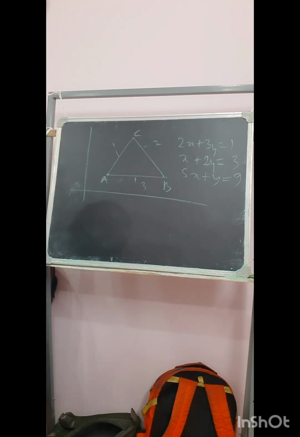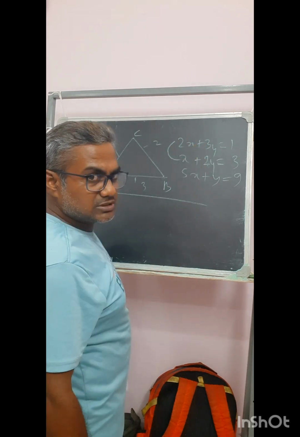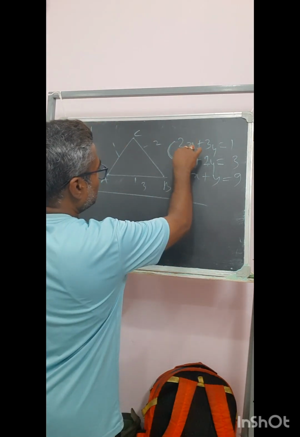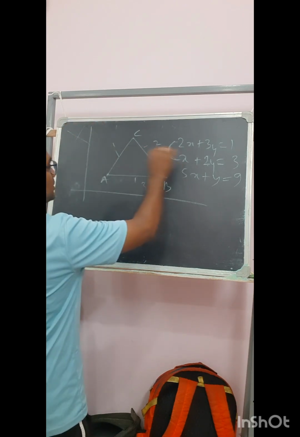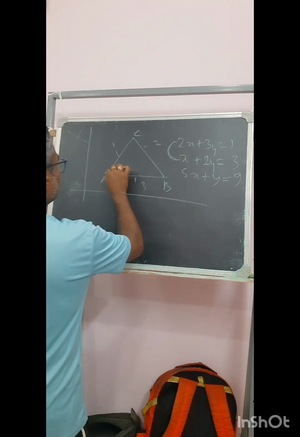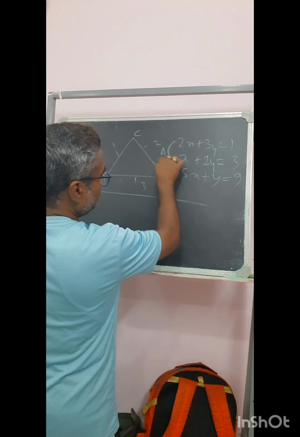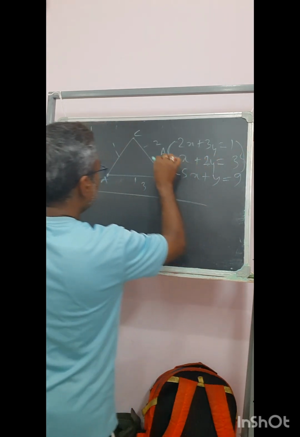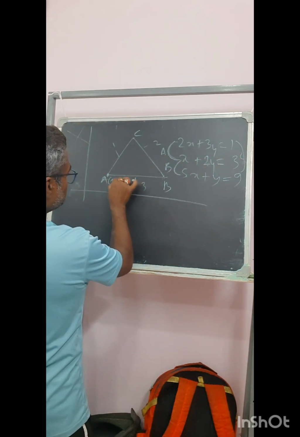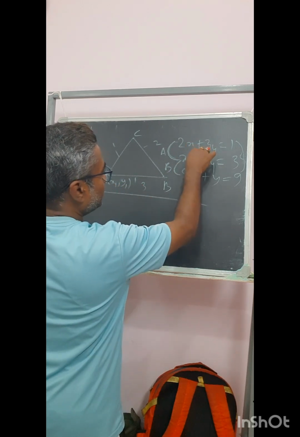So what I will do is calculate the intersection points between them. If these 2 are non-parallel lines, they will intersect at a single point. I can assume the intersection of this point is A, of this point is B, and of this one is C. Once I get the intersection point, I will find some definite value if I solve for x and y.